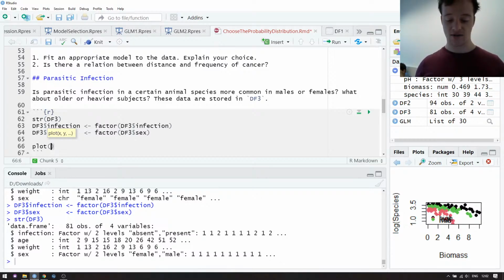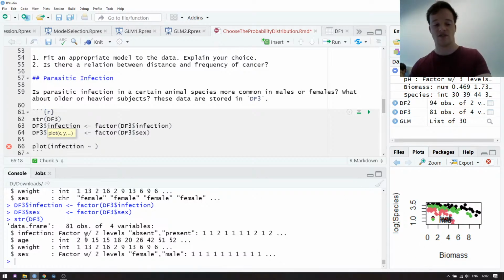So my outcome is still going to be infection, right? Because that's what I want to see, binary or not. Then I want an explanatory variable. You will have to do this in stages because we cannot plot in 3, 4, 5 dimensions. So let's plot it against the age first, yeah?